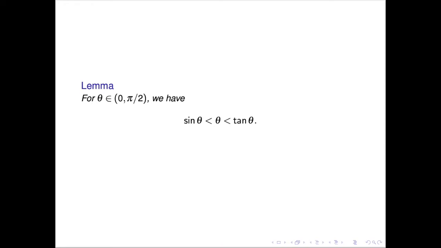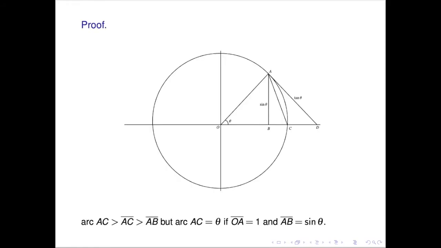It states that for theta in the open interval 0 to pi upon 2, we have that sine theta is strictly less than theta, which in turn is strictly less than tangent of theta. We give a geometric proof of this. We consider the arc length of AC and the length of the line segment AB.